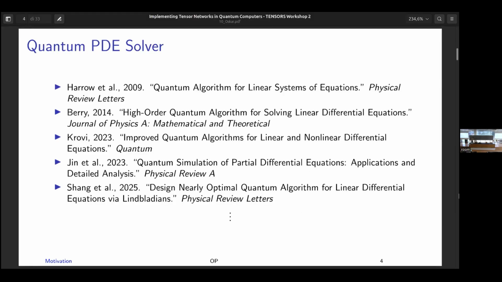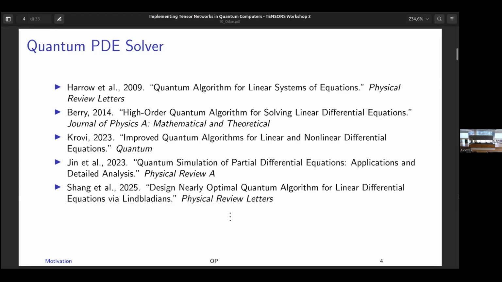There are already a lot of people who have been trying to do that. There's a long list of papers, and they are all based on the first paper, mainly using the Harrow-Hassidim-Lloyd algorithm, which is a quantum algorithm for linear systems of equations and allows inverting a matrix with an exponential advantage.